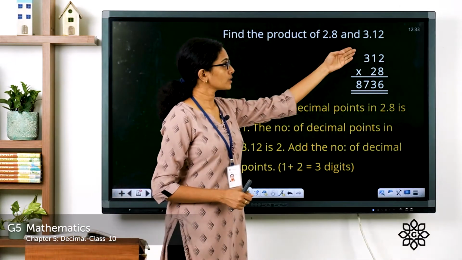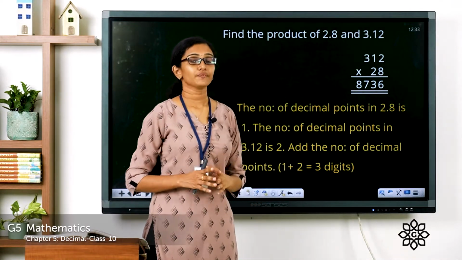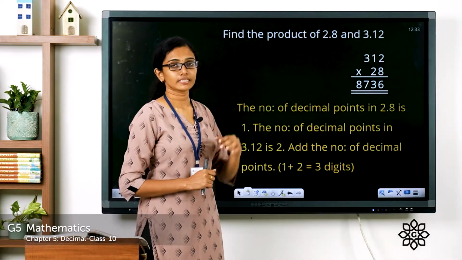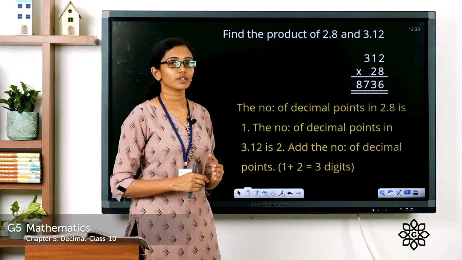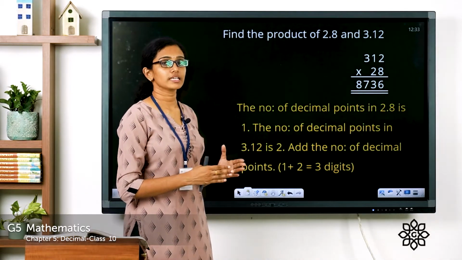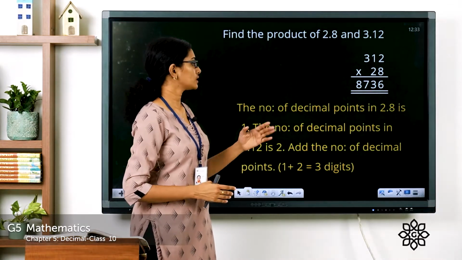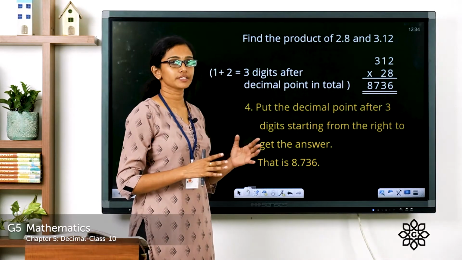And in 3.12, there are two digits, 1, 2. So, you have to add the number of digits in the multiplier and the multiplicand. Therefore, the total number of digits after the decimal points is 1 plus 2, equal to 3.